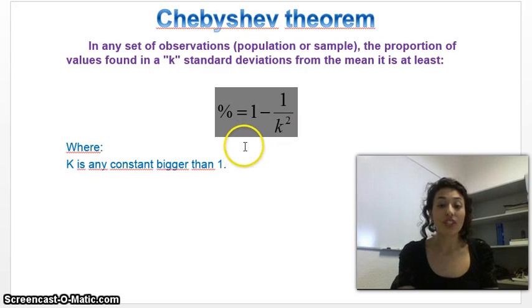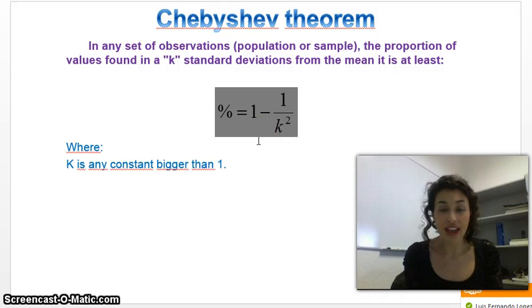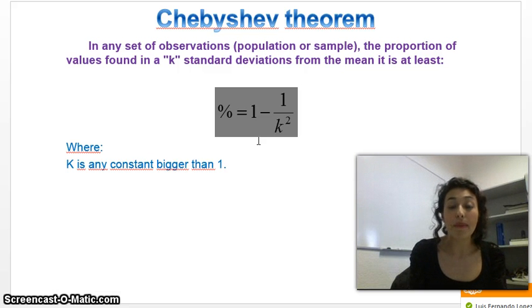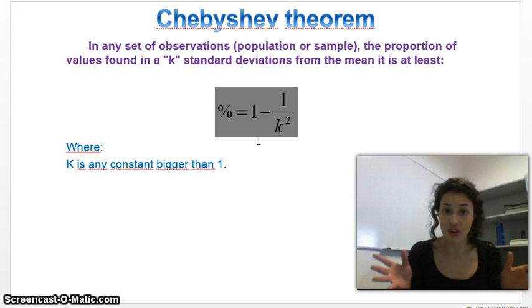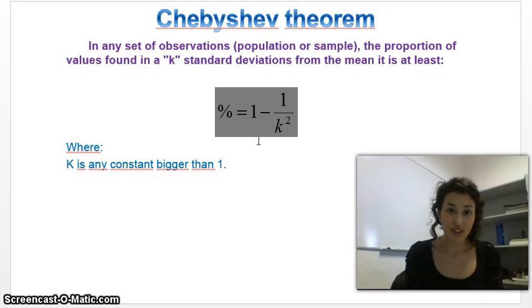If you do this calculation, you will get a decimal, and it will turn to percent, and that will mean the probability you have of finding the value inside this group of data, inside this curve. So for now, that's all.